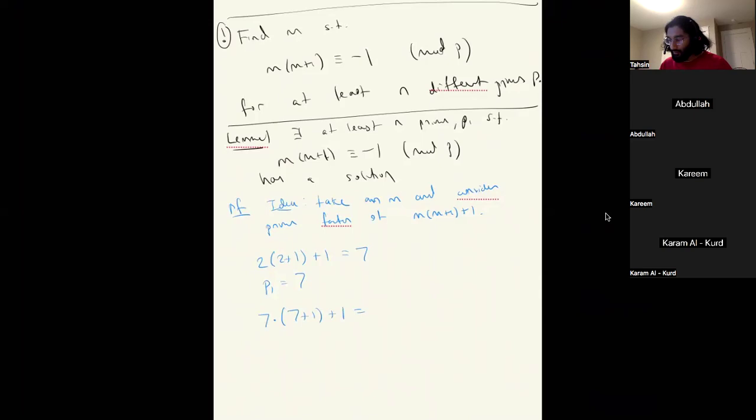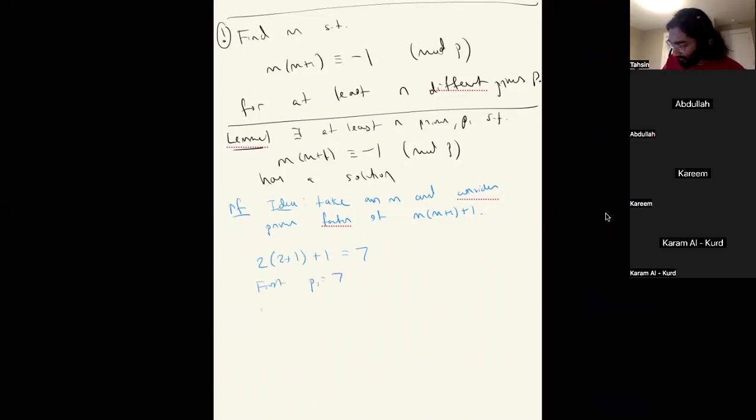So the idea is maybe we do this by induction. So first P1 is maybe 7 in this way.